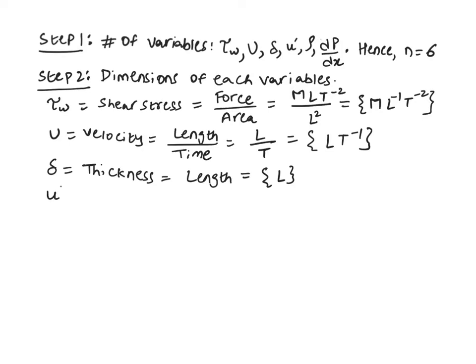U prime is, capital U was stream velocity and U prime is turbulent velocity. So it is also represented as velocity, which is nothing but length divided by time. Dimensionally it is L over T, which is nothing but L T power minus 1.